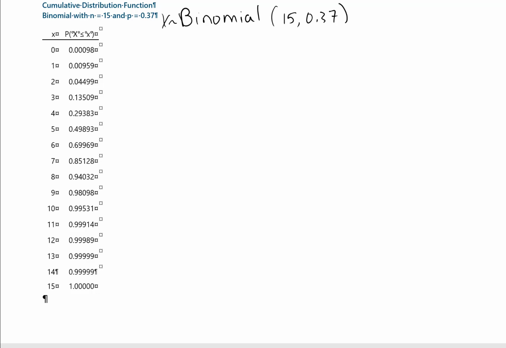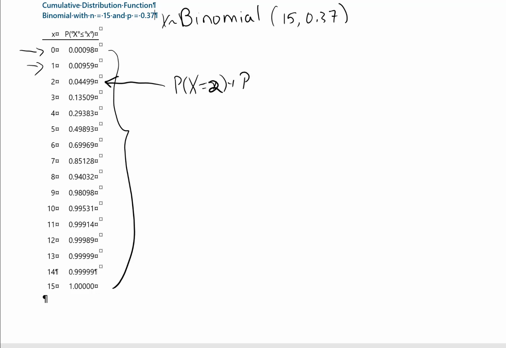Now, remembering that all these probabilities over here are not probabilities at these values of x, they are cumulative probabilities, meaning that this number right here is not the probability that x equals 2, but the probability that x equals 2 plus the probability that x equals 1 plus the probability that x equals 0.